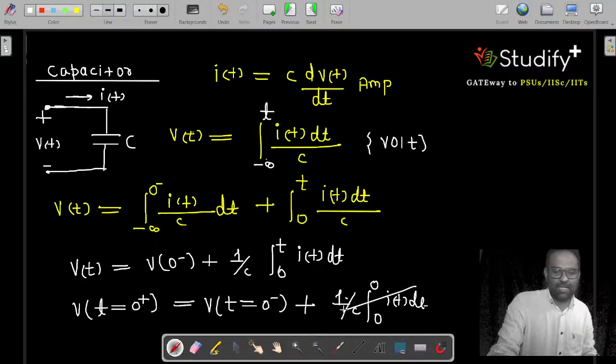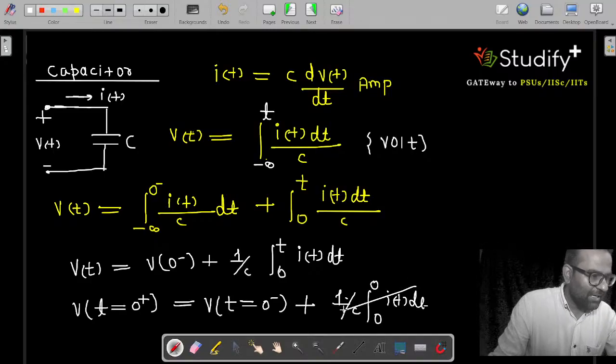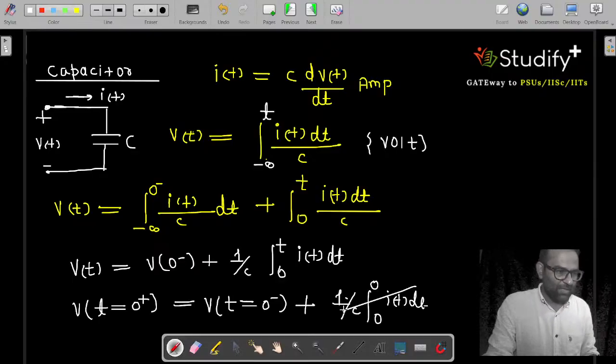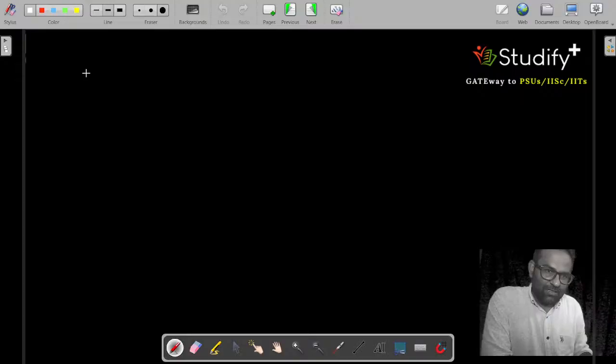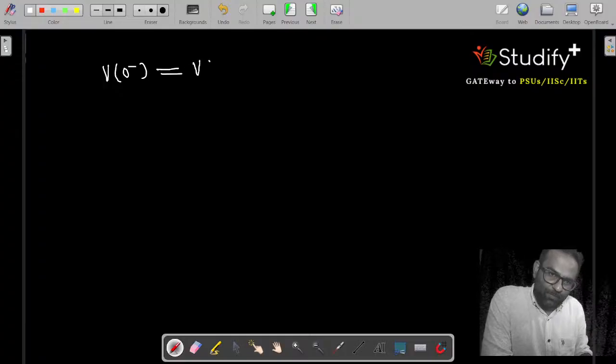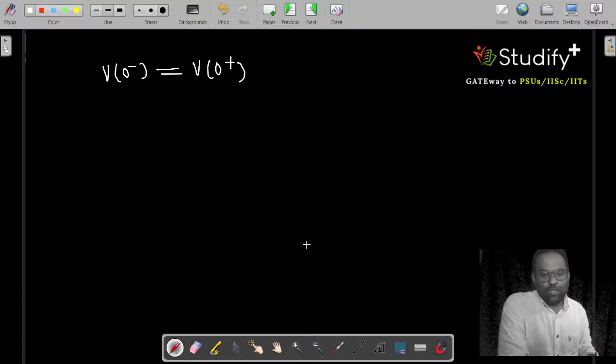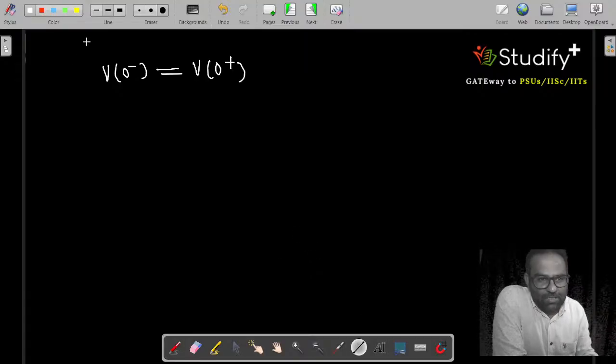So we can say, across the inductor, v0 minus equals v0 plus. Always remember this. The voltage across a capacitor does not change abruptly.